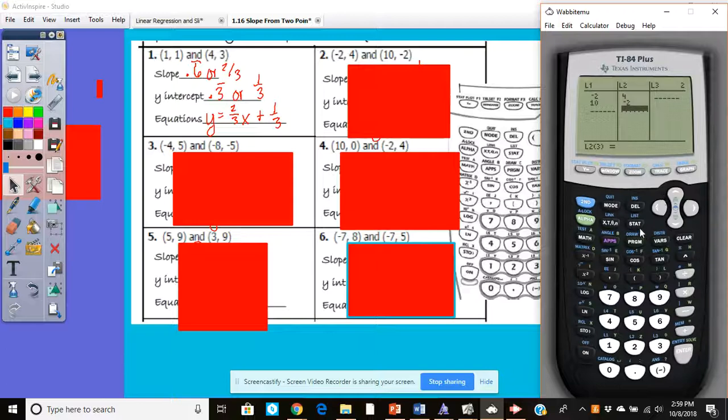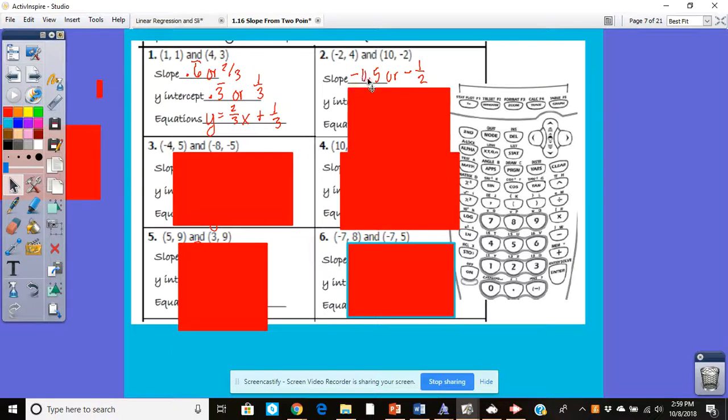Once you have your values in, Stat, Calc, 4, and Calculate. This time my A, or my slope, I got a -0.5. Again, you can turn this into a fraction using the keystrokes from the previous video. And the y-intercept, the B, is 3.